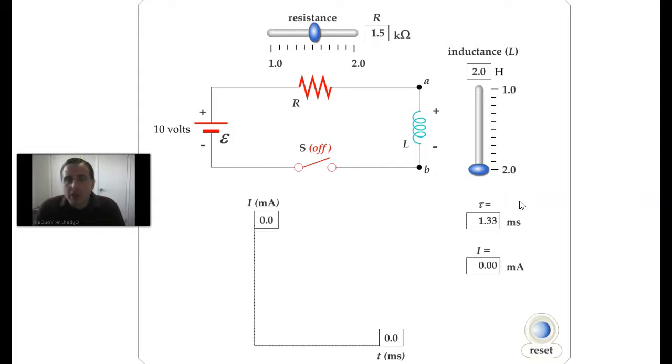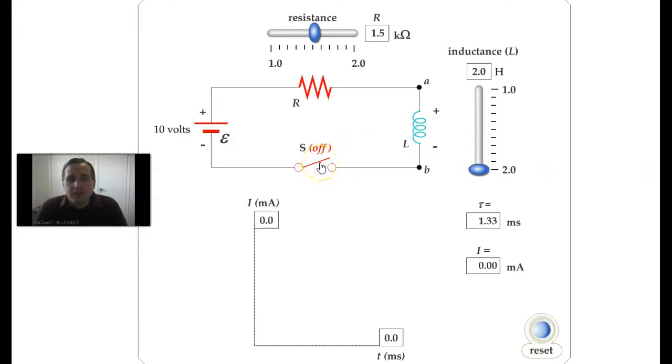And let's think about why that is. An inductor likes to build up energy in its magnetic field. So if it has a larger inductance, when the battery pushes on the inductor, it pushes back even harder, and it takes a long time for that current to build up.